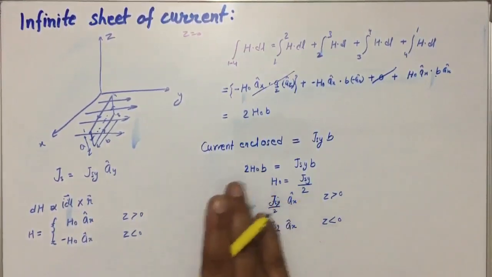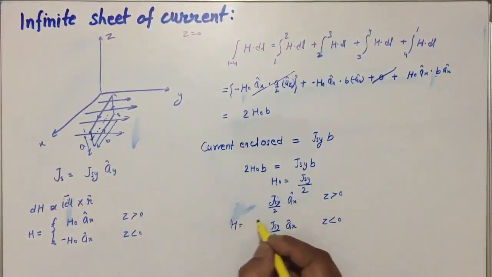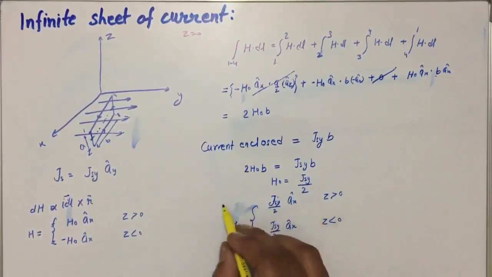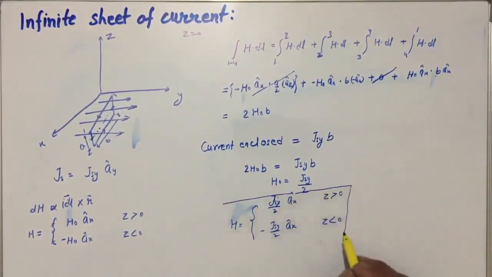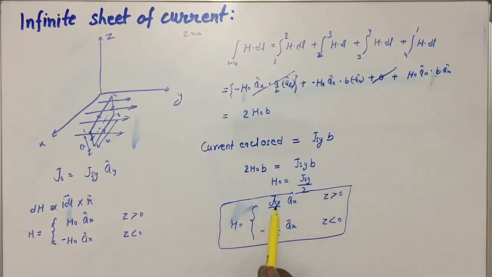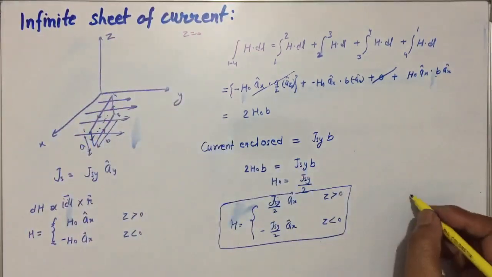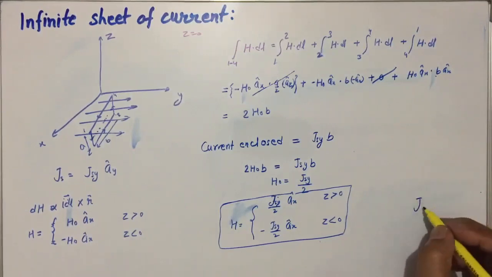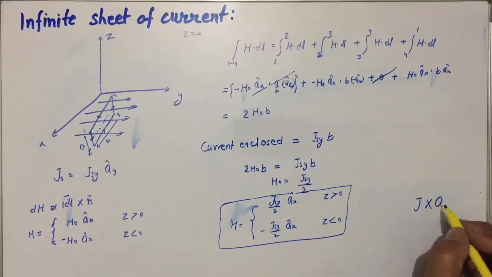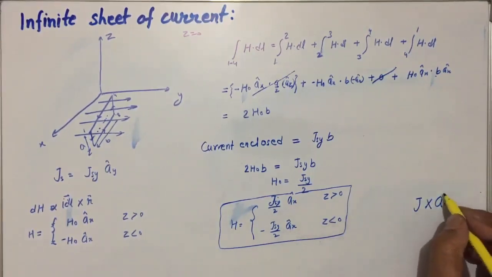So in this way we can say H is given for the sheet which is having the current density JSY in the direction of Y. In general, for an infinite sheet of current which is having density J can be written as J cross AN.